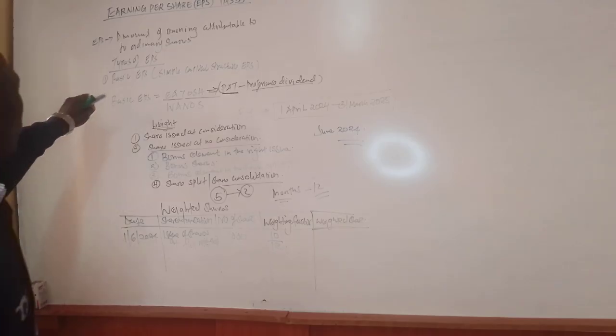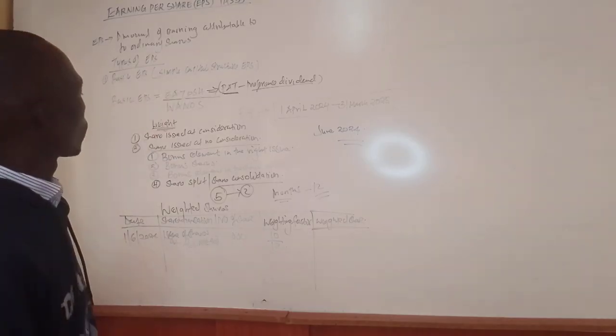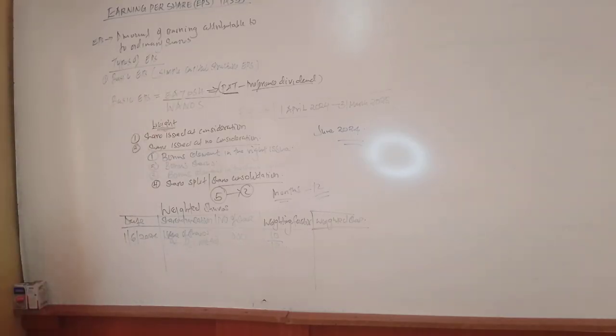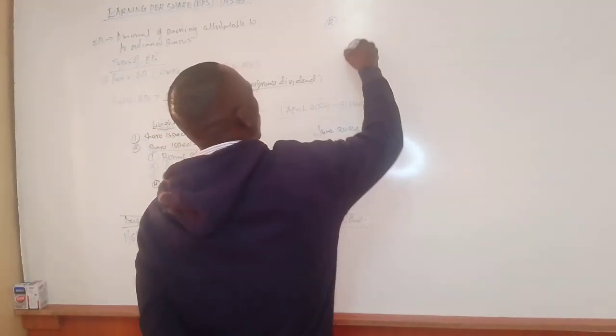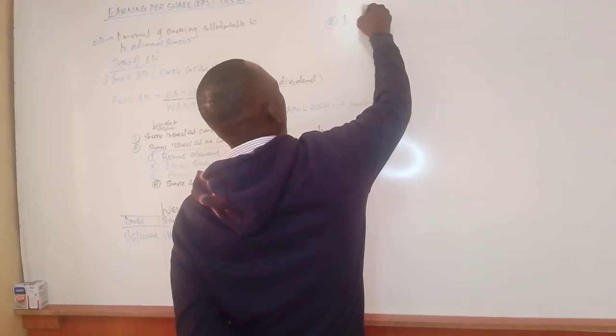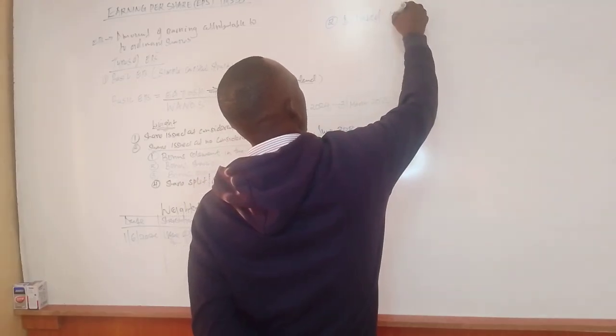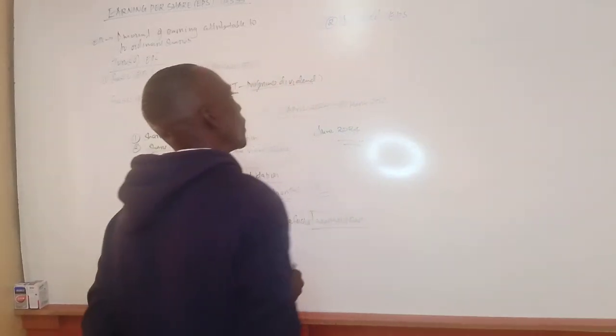So other than the basic EPS, we have another type of EPS. The second type of EPS is what we call the diluted EPS.